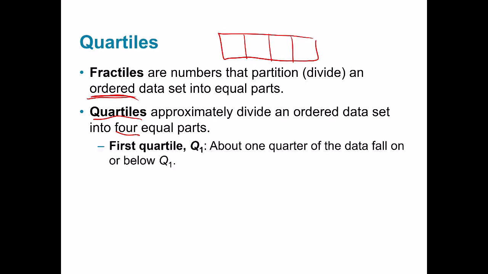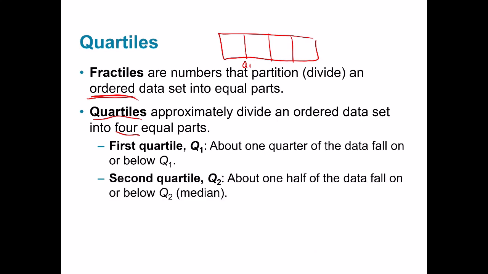So we have 3 quartiles. The first quartile is a position where about 1/4 of our data will fall at or below Q1. On this Hershey bar I drew, quartile 1 or Q1 is going to be that first break in the candy bar. For the second quartile, you have half of your data at or below the position. So Q2 is your median.